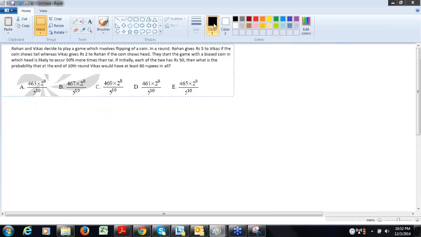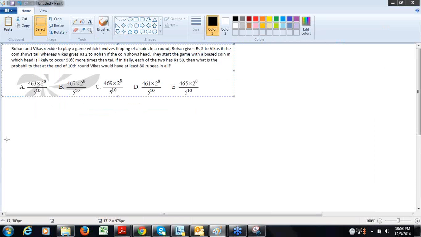Okay, this is our question. Rohan and Vikas decide to play a game which involves flipping a coin. In a round, Rohan gives rupees 5 to Vikas if the coin shows tail, whereas Vikas gives rupees 2 to Rohan if the coin shows head.